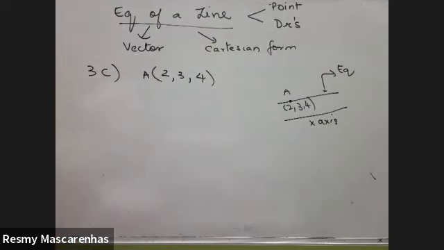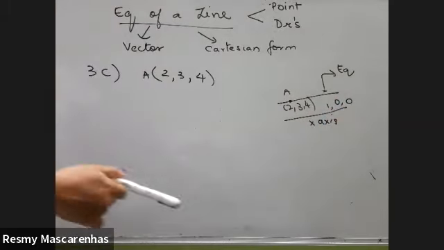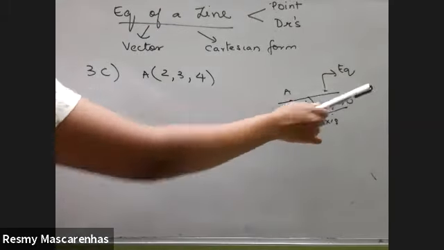On the first page only I had given. What are the direction ratios of the x-axis? One, zero, zero. Yes, 1, 0, 0. If it was the y-axis, then it would be 0, 1, 0.